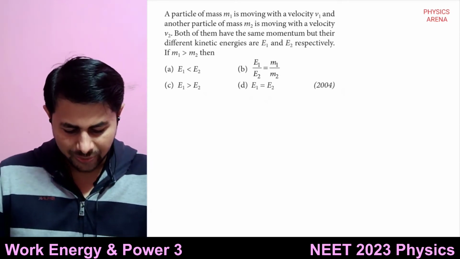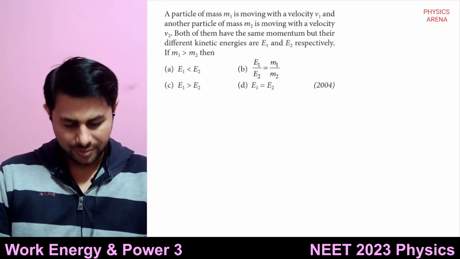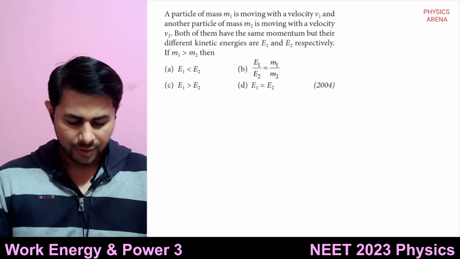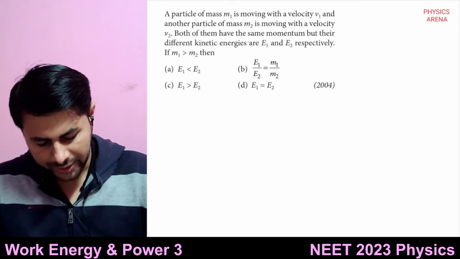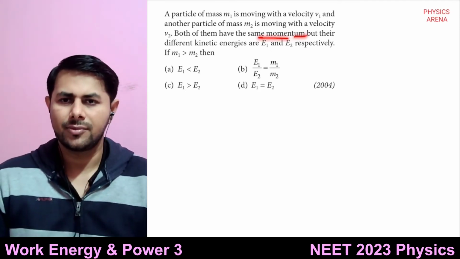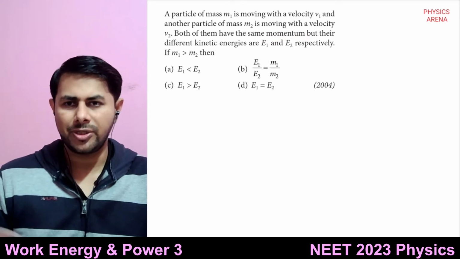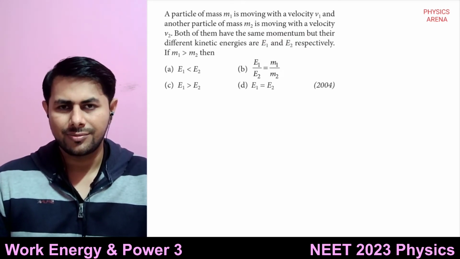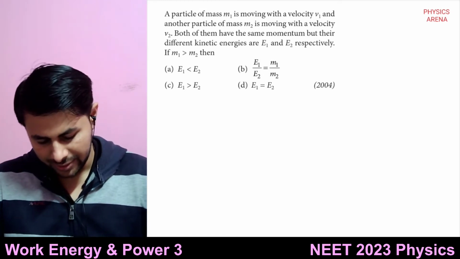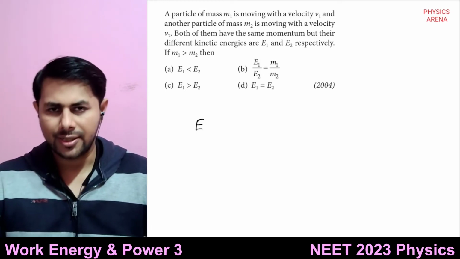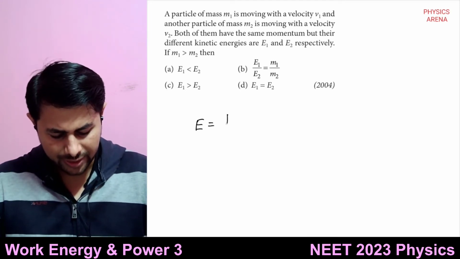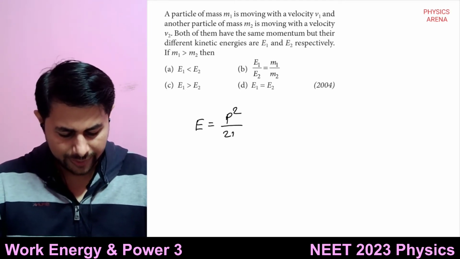This is very straightforward. Okay, see, the bodies have same momentum. That means we have to consider which formula for kinetic energy? The formula in terms of momentum, right? So kinetic energy, let's denote it by E, it is p square upon 2m.